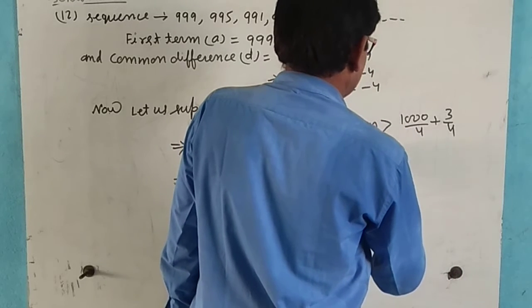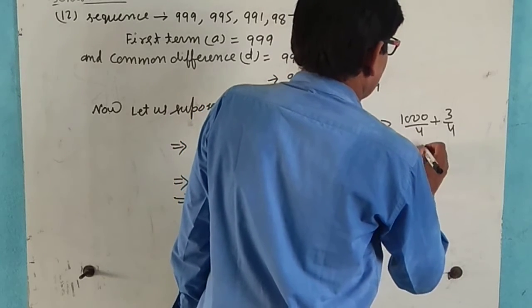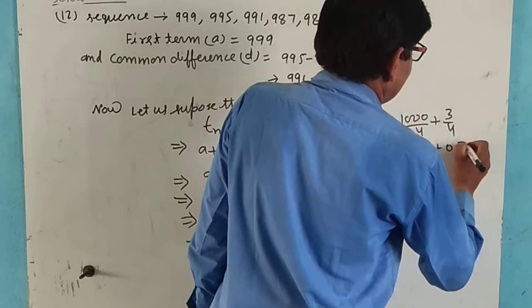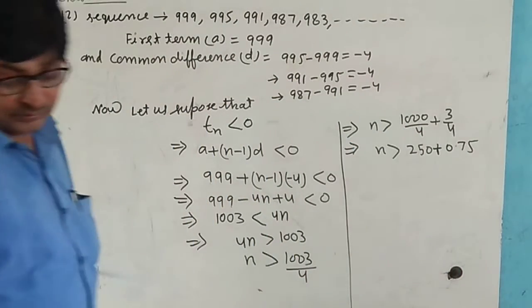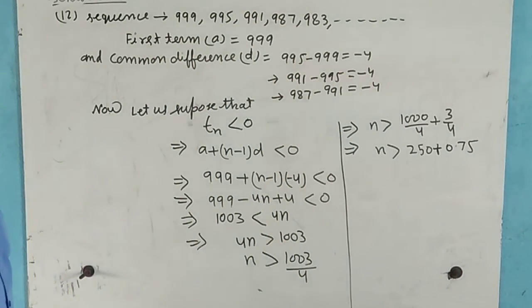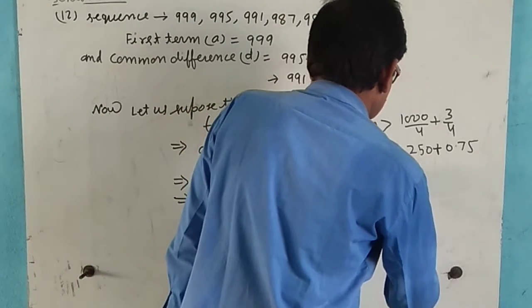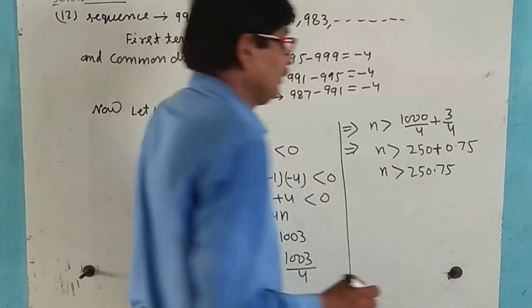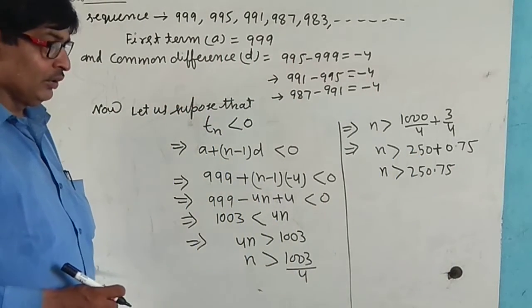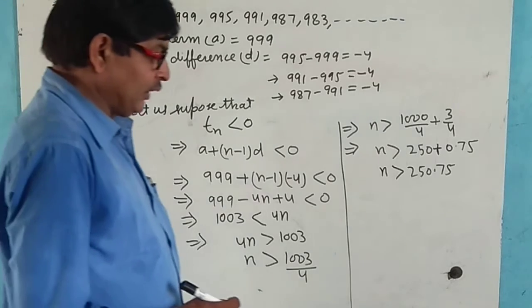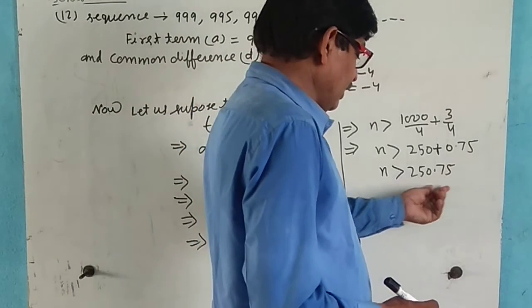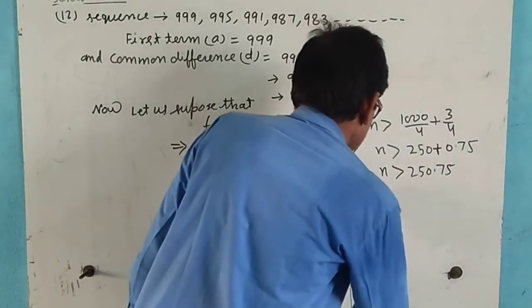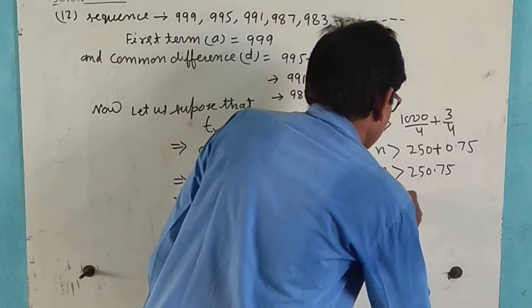This means n greater than 250 plus 0.75. It means n greater than 250.75, so the positive integer greater than this, n should be 251, 252, 253.